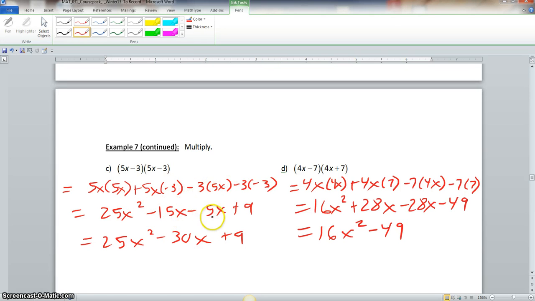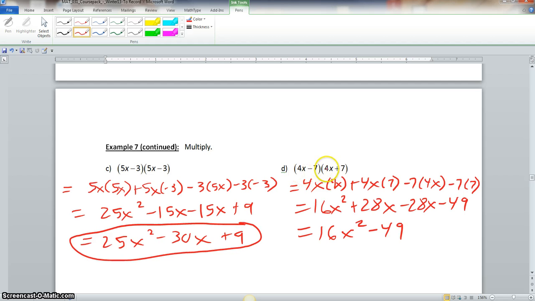A minus 3 times 5x is a minus 15x. And a minus 3 times a negative 3 gives us a positive 9. 25x squared minus 15x minus 15x will give us a minus 30x. And then we bring down our plus 9, and that is it.